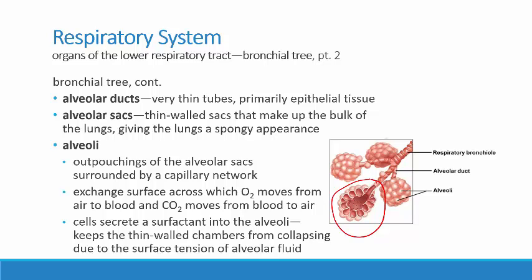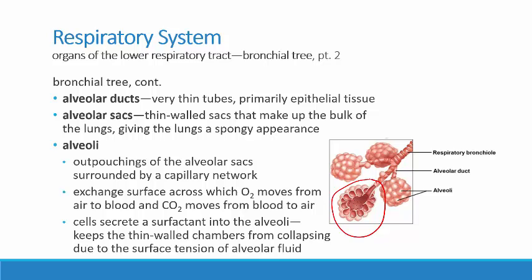And it's here at the alveolar sacs that we find the respiratory membrane, the surfaces across which oxygen and carbon dioxide move between blood and air. These sacs are so thin that they are very delicate, and they would easily collapse just because of the surface tension of water.